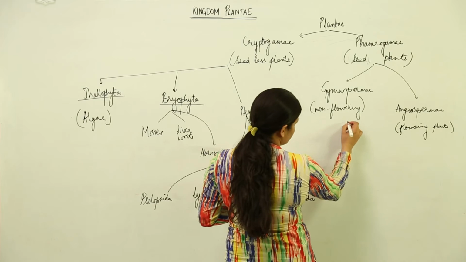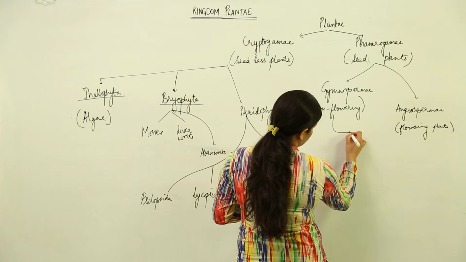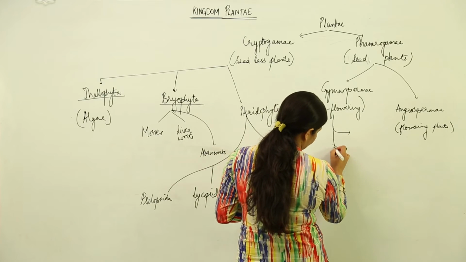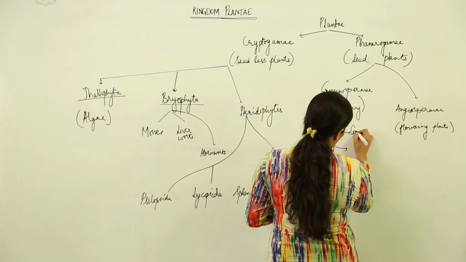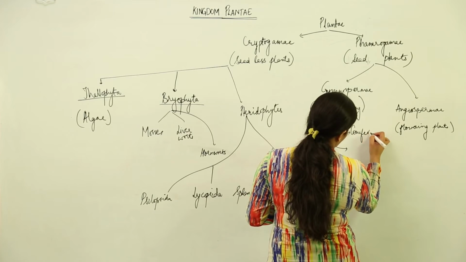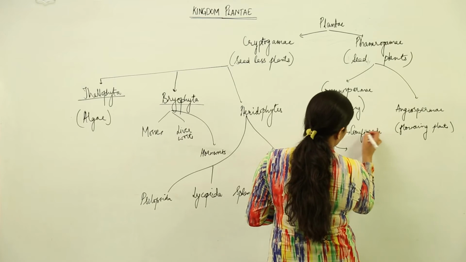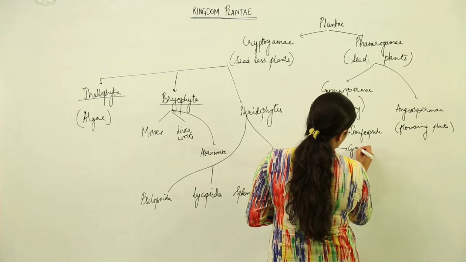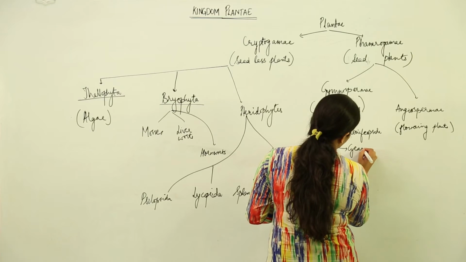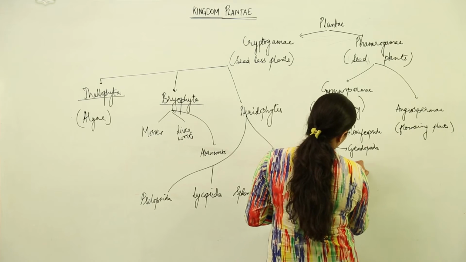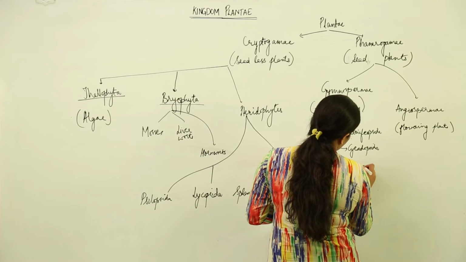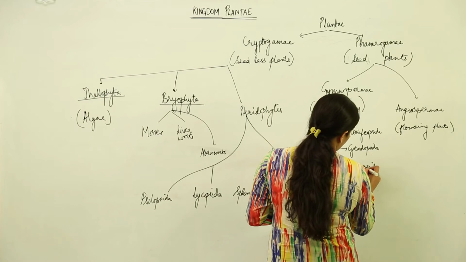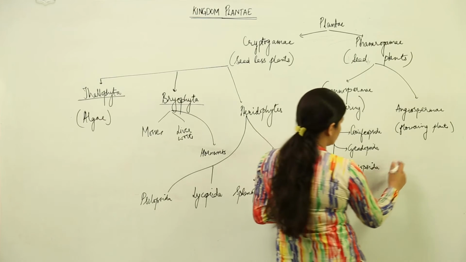Now when we talk about gymnosperms, there are three classes in gymnosperms as well. That is Coniferopsida. Alright. Then we have Cycadopsida. Then we have Netopsida, which has mostly living fossils in it.